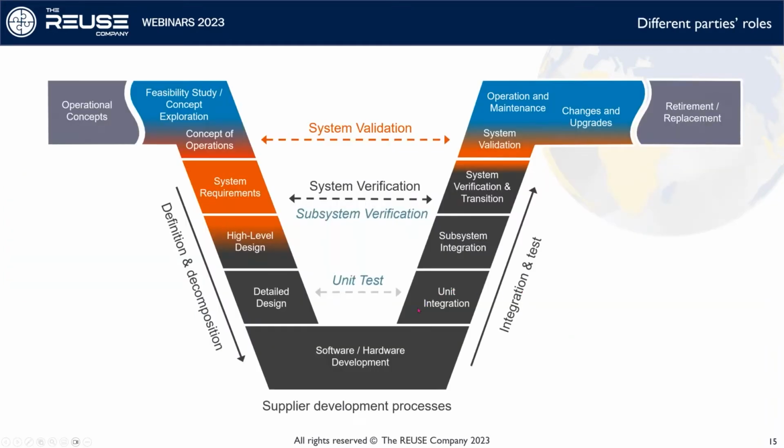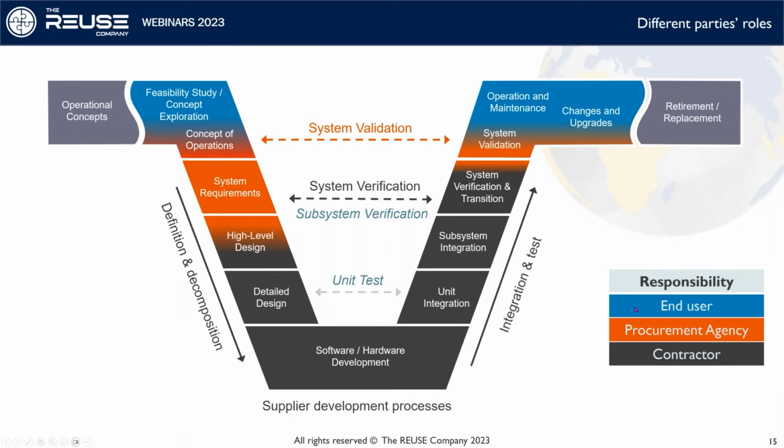There are, as I mentioned, a number of parties in there. There may be the end user, and there may be the procurement agency, which has the task of translating the user needs and requirements from the end user to something that can be acquired and developed by the contractor.